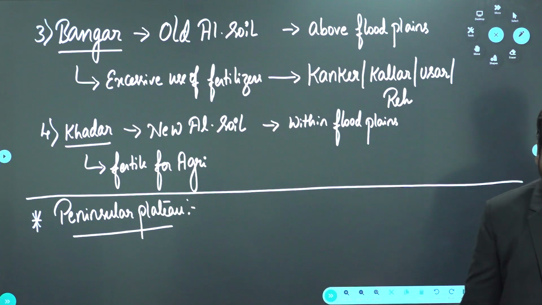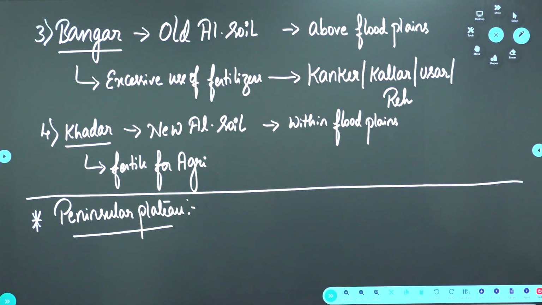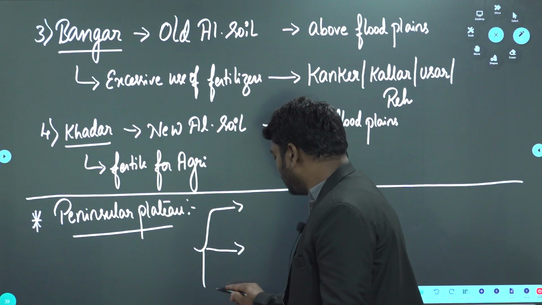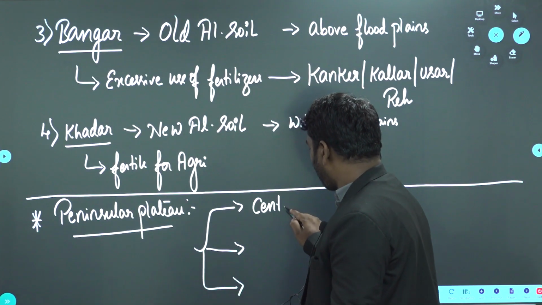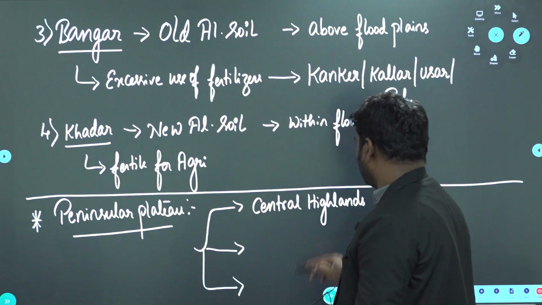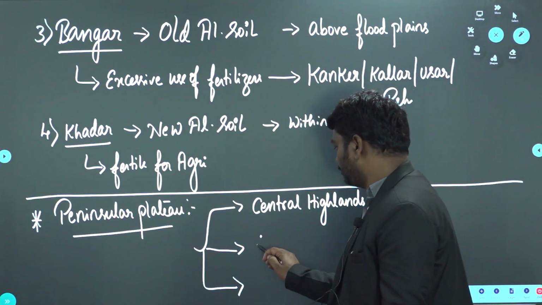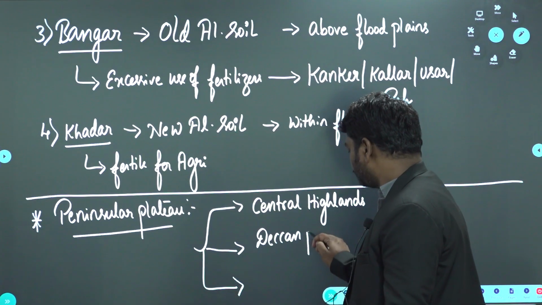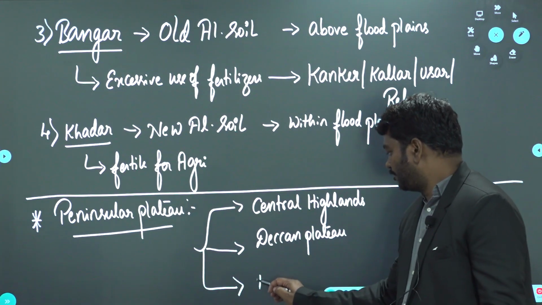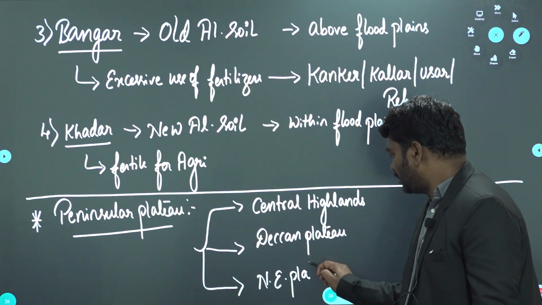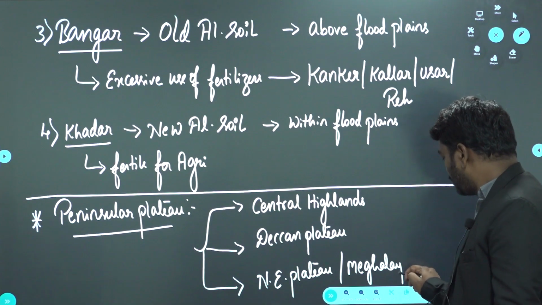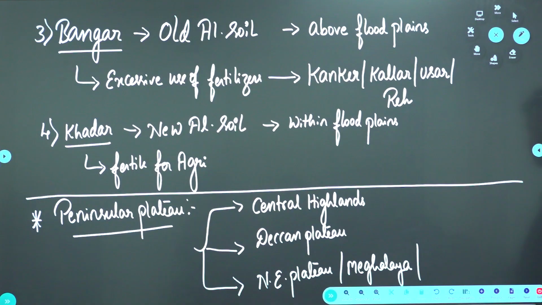Second question from Indian physiography will be from Peninsular Plateau, where the plateau is divided into three parts: Central Highlands, Deccan Plateau, Northeastern Plateau, or Meghalaya Plateau.